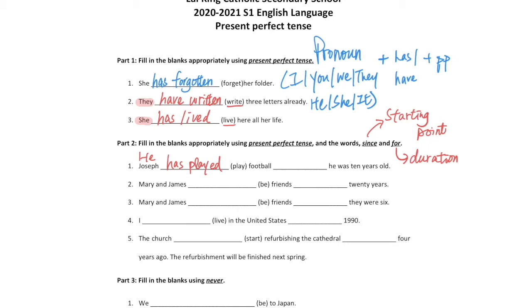So we are not talking about the duration of time. We're not talking about how long he has played football. We are talking about the starting point, when he started playing football, right? When he was 10 years old, he started playing football. So Joseph has played football since he was 10 years old.